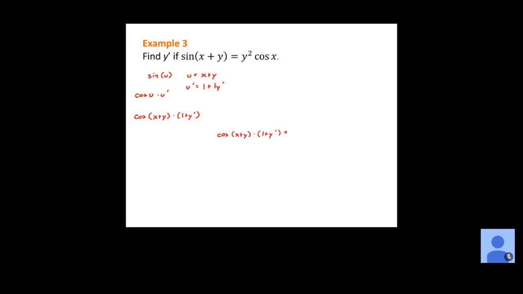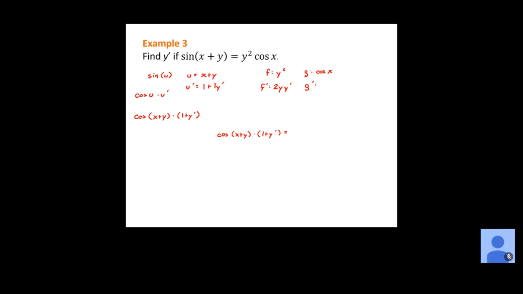Product, good. In this case, we have y squared and cosine x. Those are our f and g functions, so that's how we're going to find that derivative. If we let f be y squared and g be cosine x, what is f prime going to give us here? 2y, but because we're taking the derivative of y with respect to x, we also have to have what here? y prime, good.